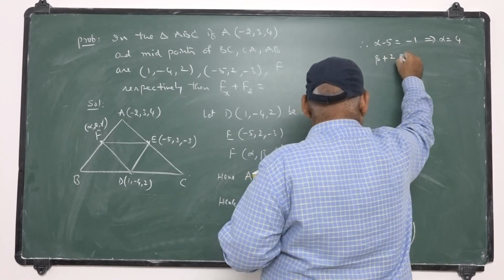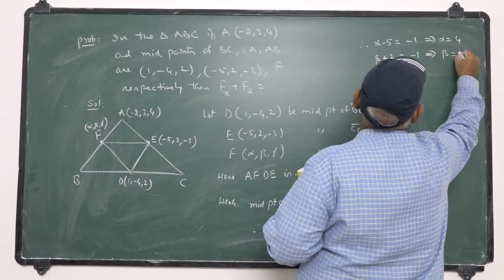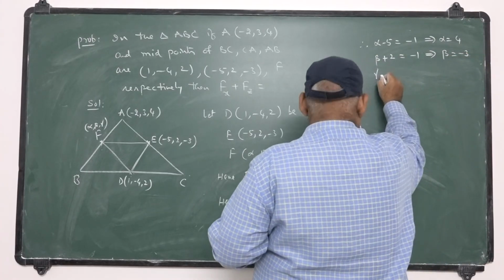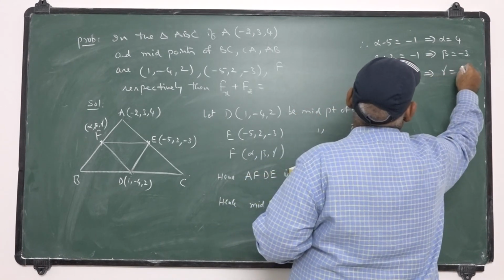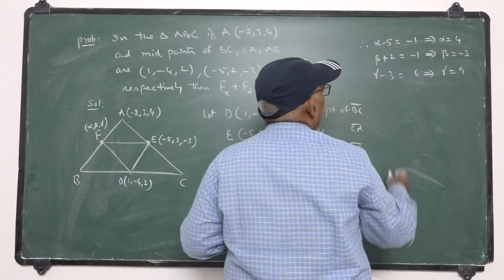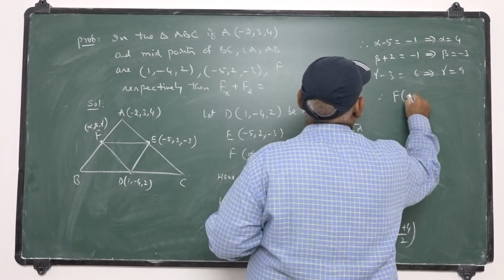Beta plus 2 takes the value minus 1, implies beta takes the value minus 3. Gamma minus 3 takes the value 6, implies gamma takes the value 9.